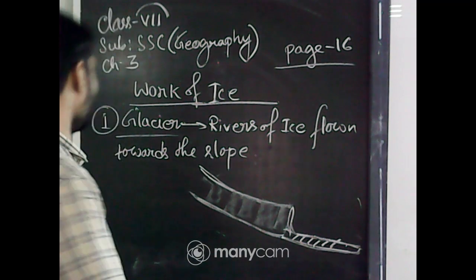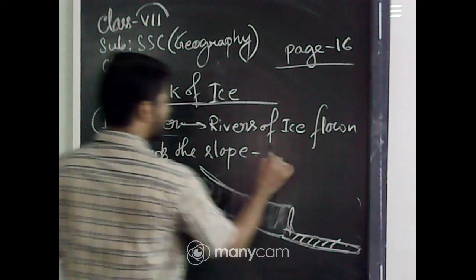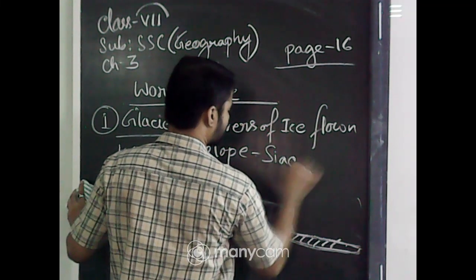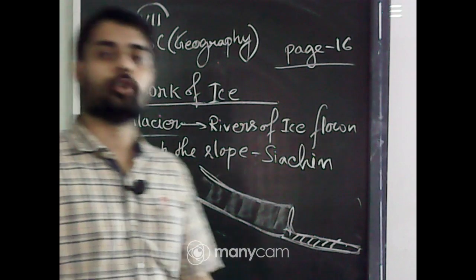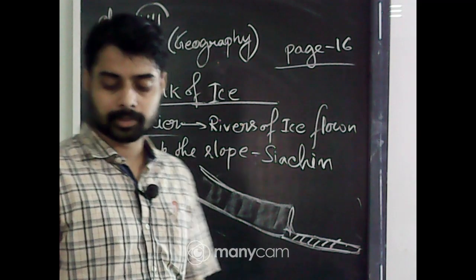An example of glaciers is Siachen. Siachen is a glacier situated in northern Ladakh, in the Karakoram mountains.